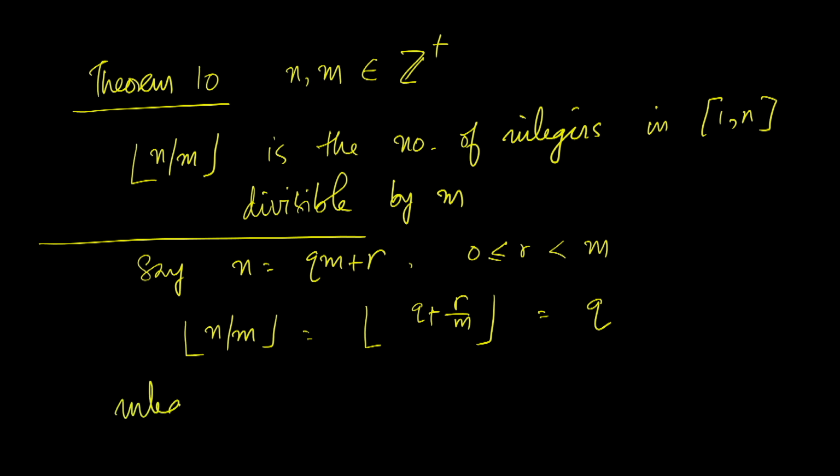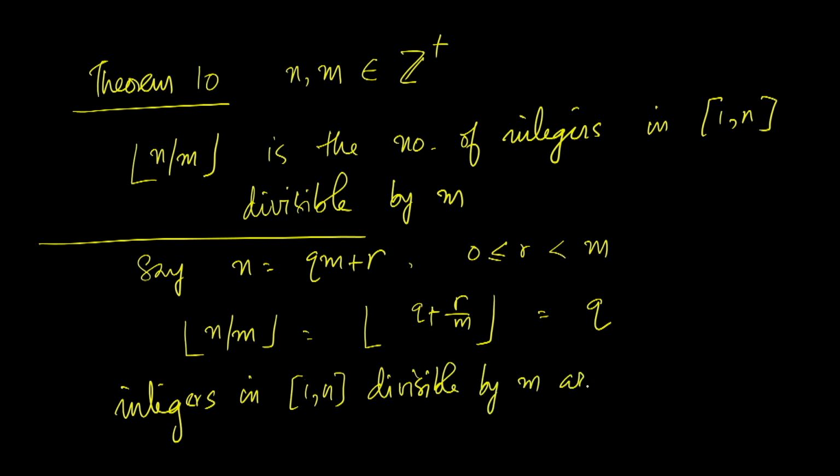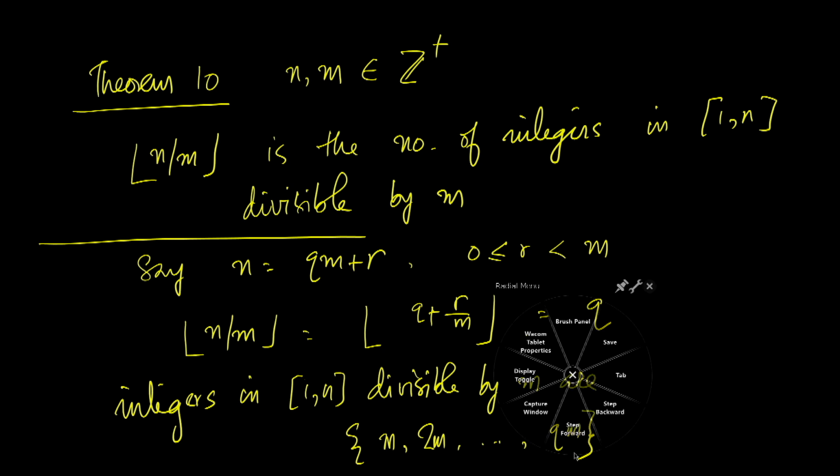So integers in 1 to n divisible by m, they will form the set m, 2m, 3m, etc. up to qm. N is qm plus r, therefore n is greater than or equal to qm. So there are q of them, hence the theorem.